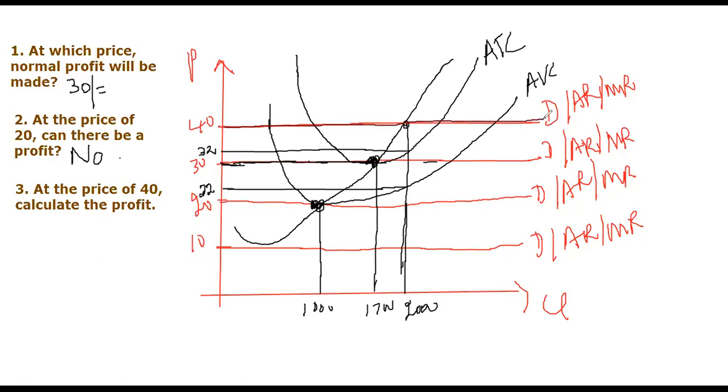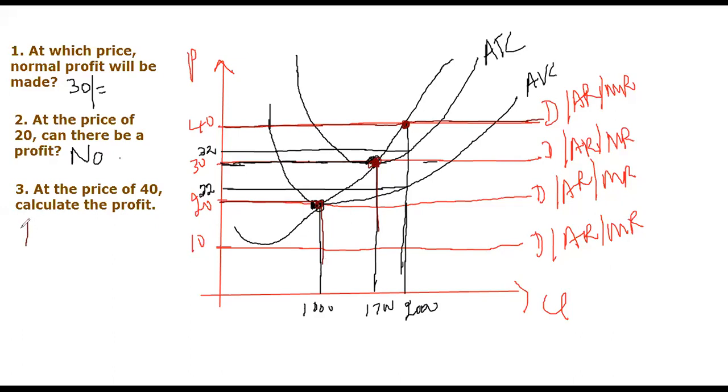Demand, AR, MR. It cuts the MC, the MR equals MC point is here. So if they give a price, for that price you have a quantity. For example, for 20 rupees the quantity is 1000. 30 rupees means its quantity is 1700, because of the MR equals MC point. 40 rupees means its quantity is what? 2000.